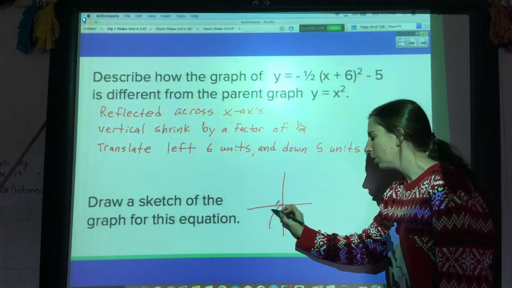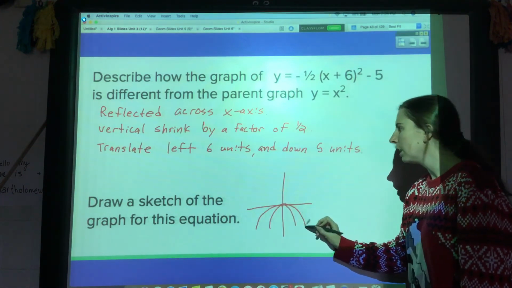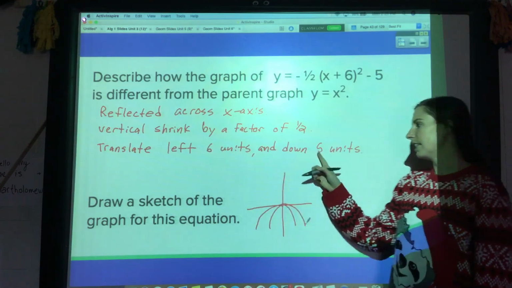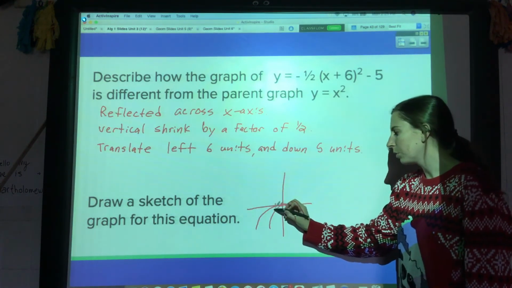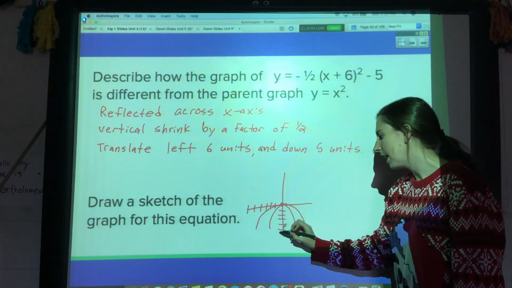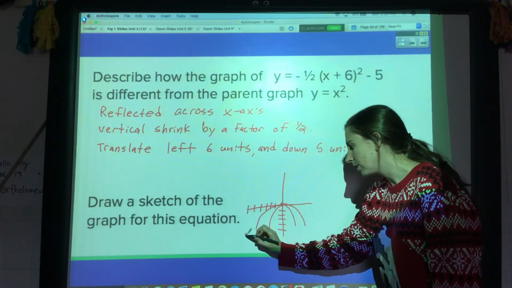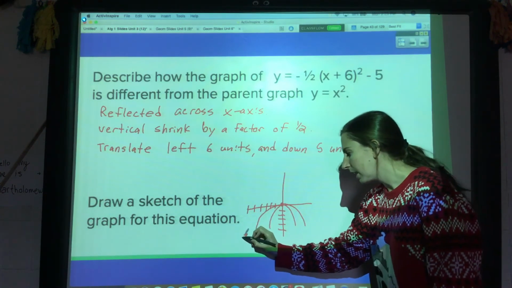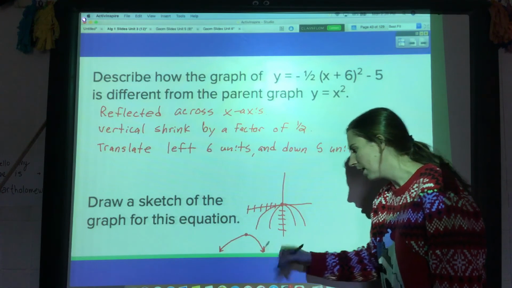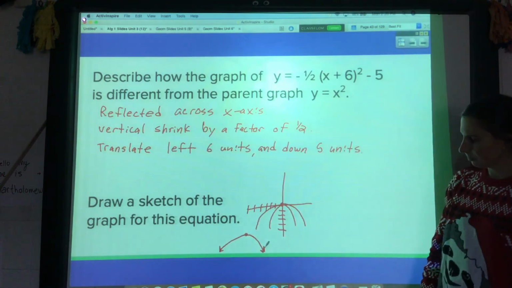So it would be a little bit wider than usual, and it moved left 6 and down 5. So left 1, 2, 3, 4, 5, 6, down 1, 2, 3, 4, 5. So the new vertex would actually be here, and it would still be kind of wide and open down. So my new graph would look something like that.